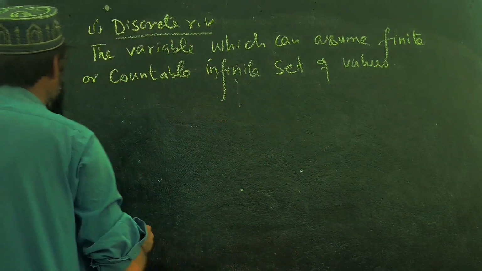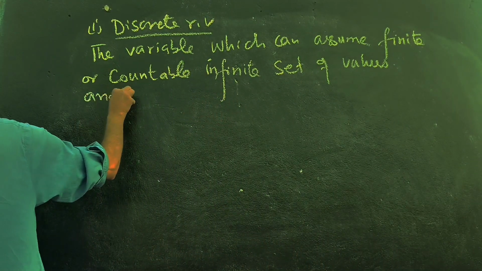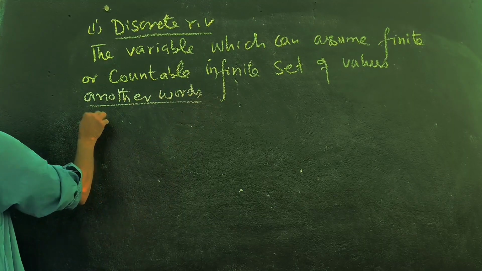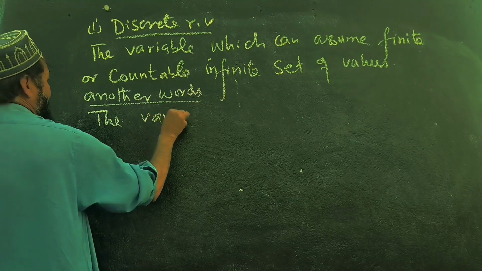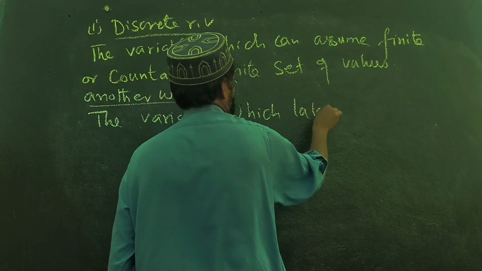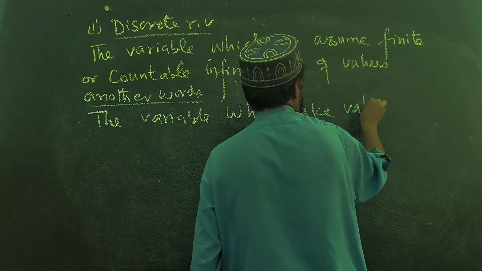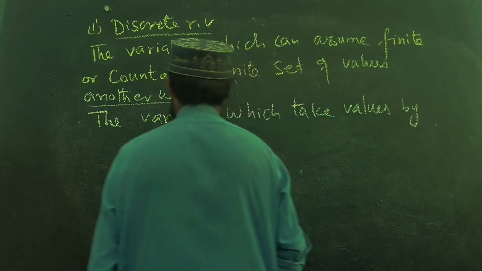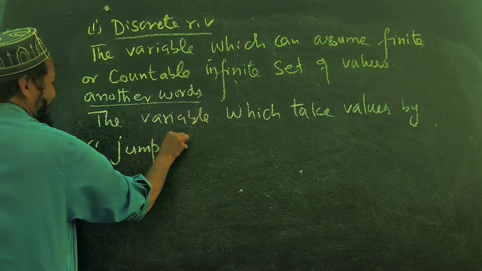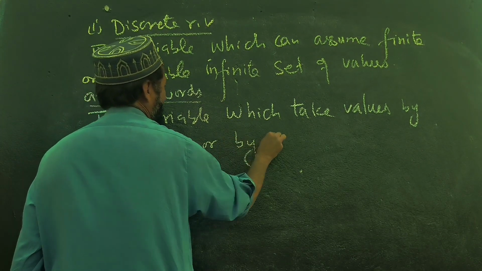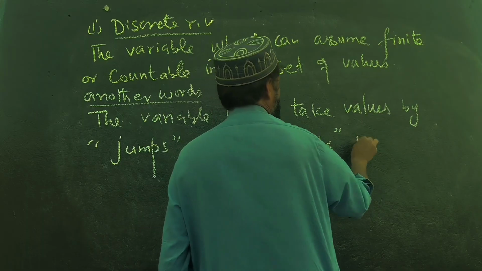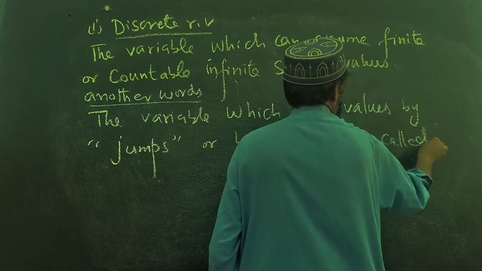In other words, the variable which takes values by jumps or by gaps is called a discrete random variable.